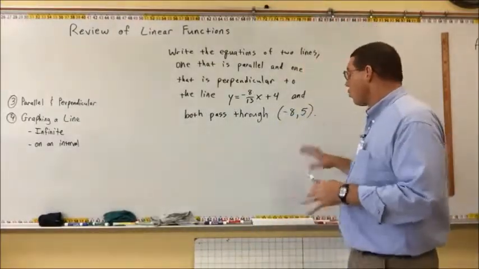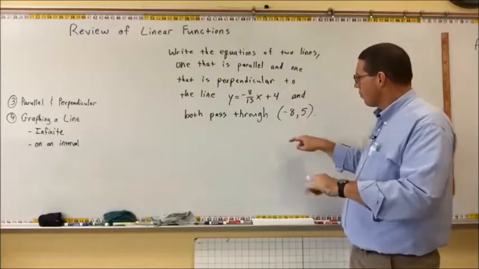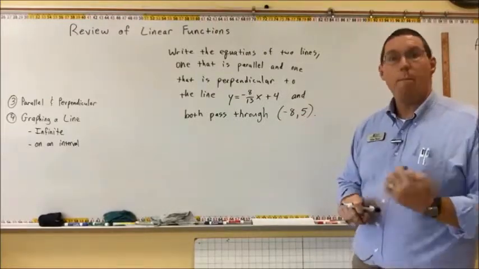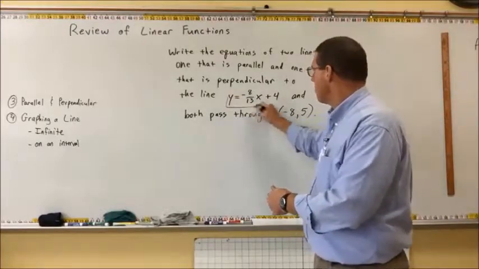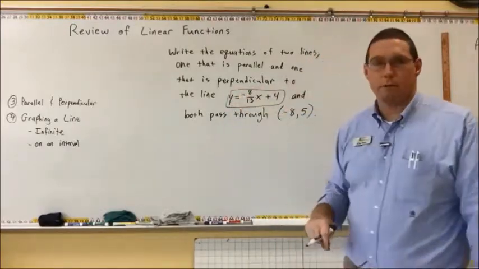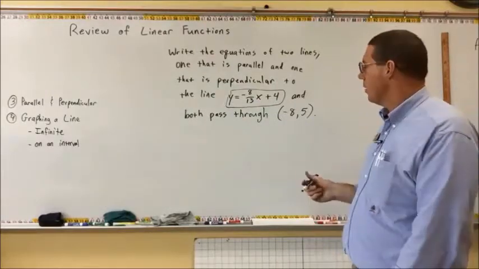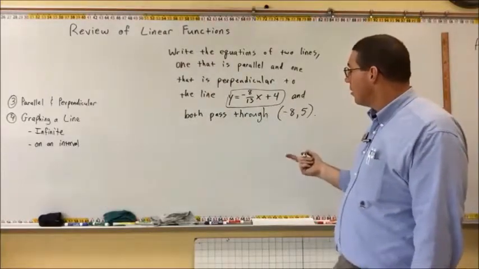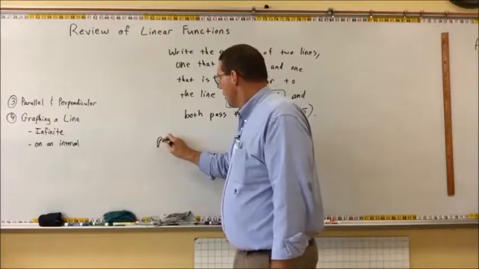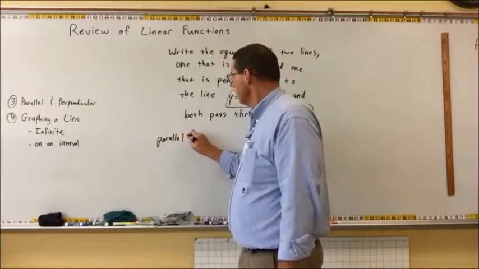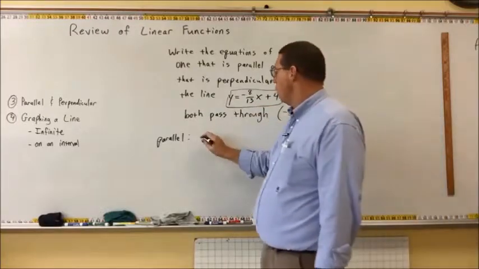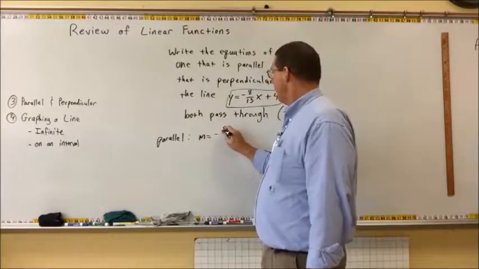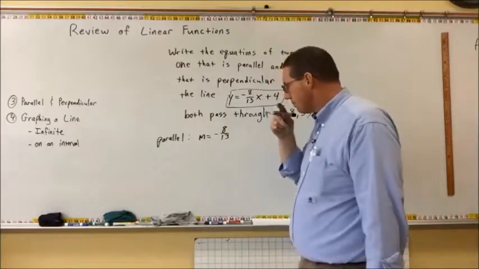They both cross over each other. They both pass through the point (-8, 5), but one of them is parallel to this line right here, and the other one is perpendicular to that line. Okay, let's do the parallel line first. The parallel line has the same slope as this. So this is going to have a slope of -8/13.